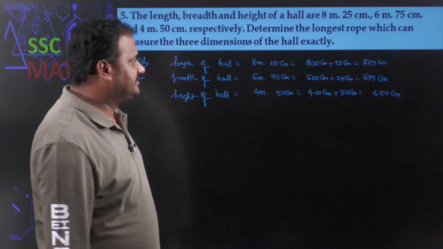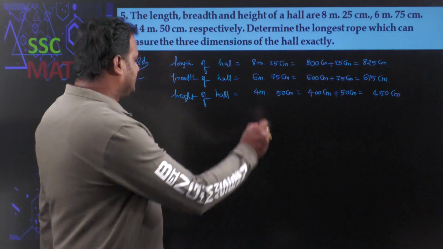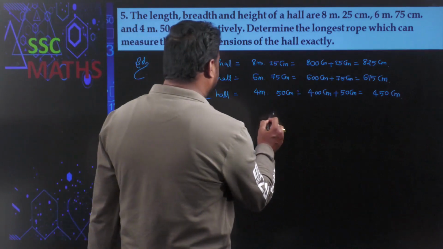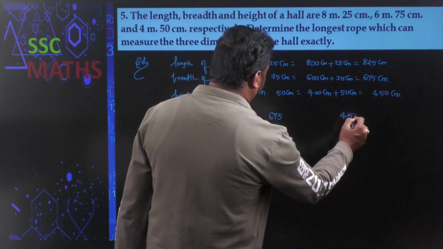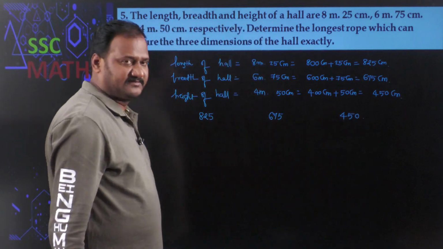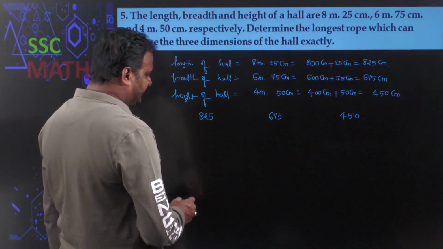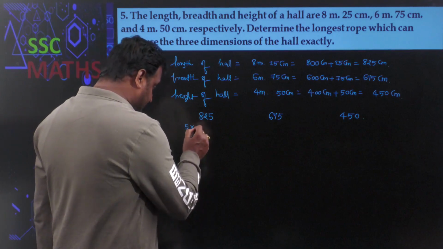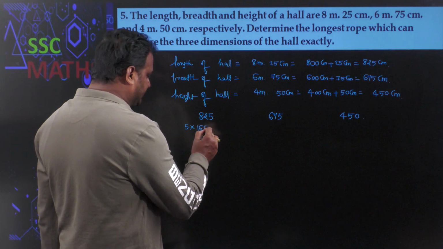I am going to find the HCF of those three numbers by the prime factorization method. The first number is 825, the second number is 675 and the third number is 450. First of all, I would like to divide 825 by 5. 5 fives are 25, so 825 divided by 5 is 165.